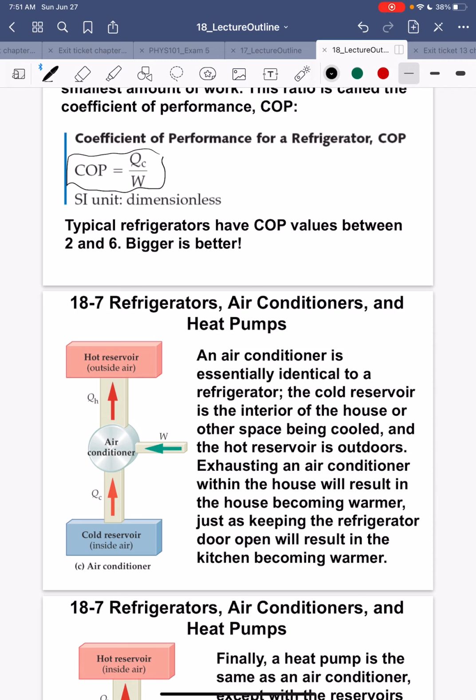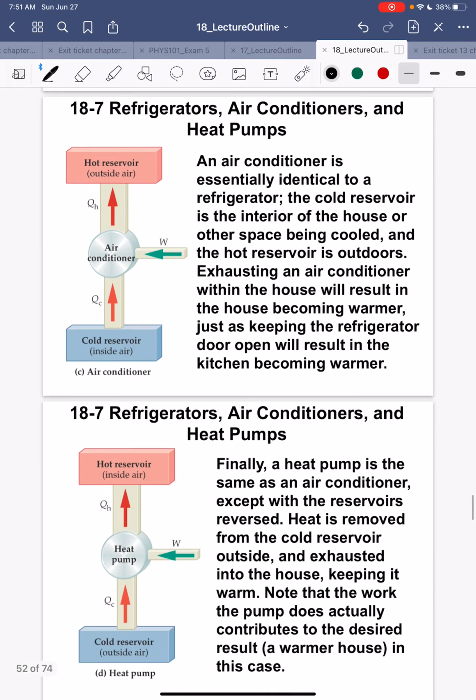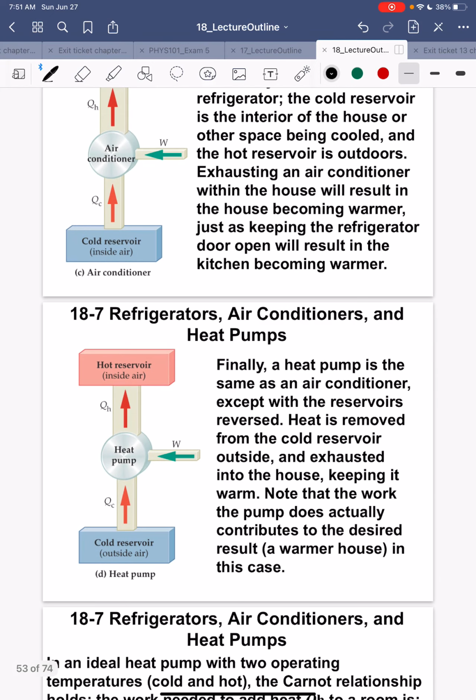Air conditioning within the house will result in the house becoming warmer, just as keeping the refrigerator door open will result in the kitchen becoming warmer. You can recognize this. Finally, it's the same for the heat pump.